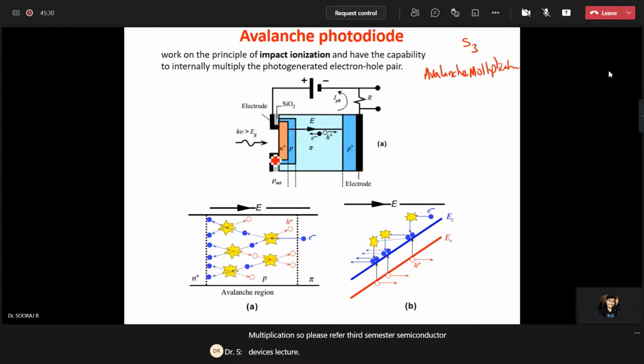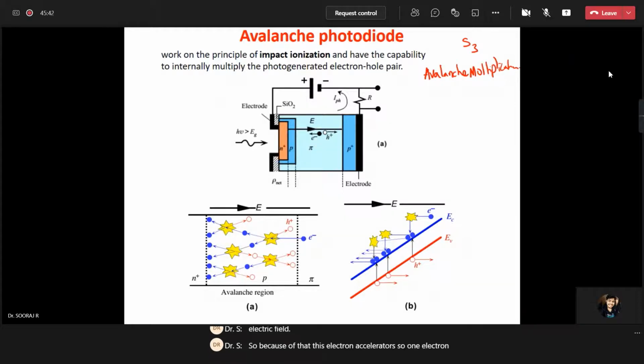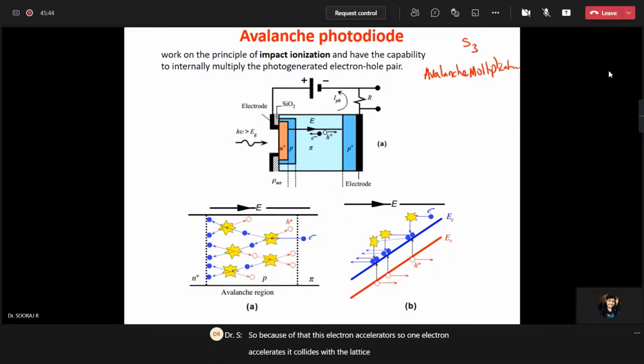So you absorb a photon. This creates an electron hole pair. This electron and hole pair is under the influence of a very strong electric field. Because of that, this electron accelerates. One electron accelerates, collides with the lattice, and because of the high kinetic energy of the accelerated electron, the lattice also breaks down. So that one electron travels, accelerates, hits a lattice, creates two electrons. Now these two electrons are still under the influence of a strong electric field.